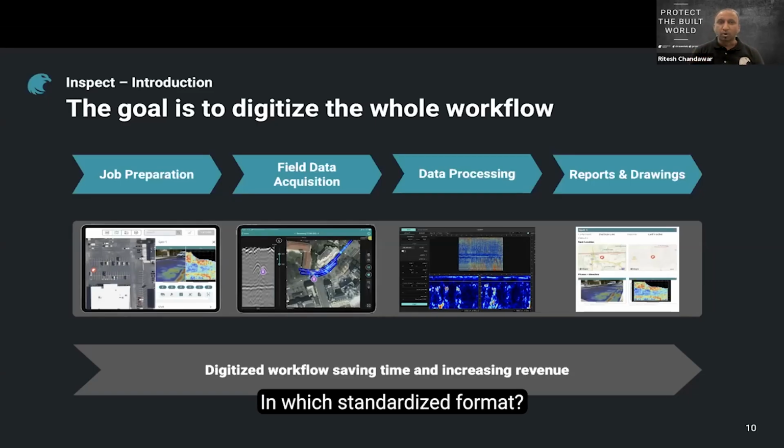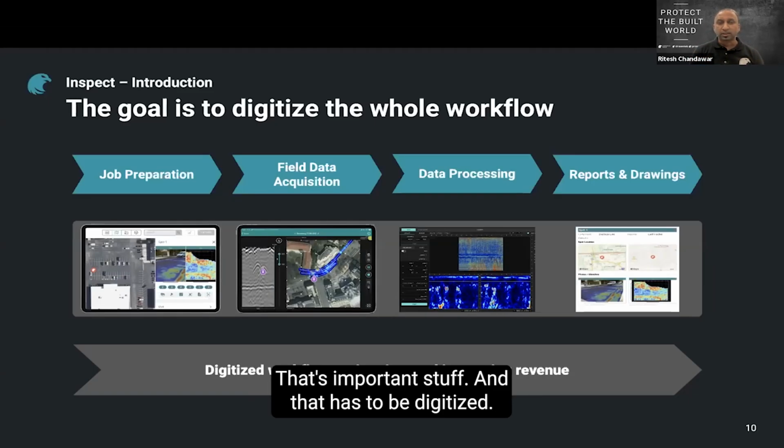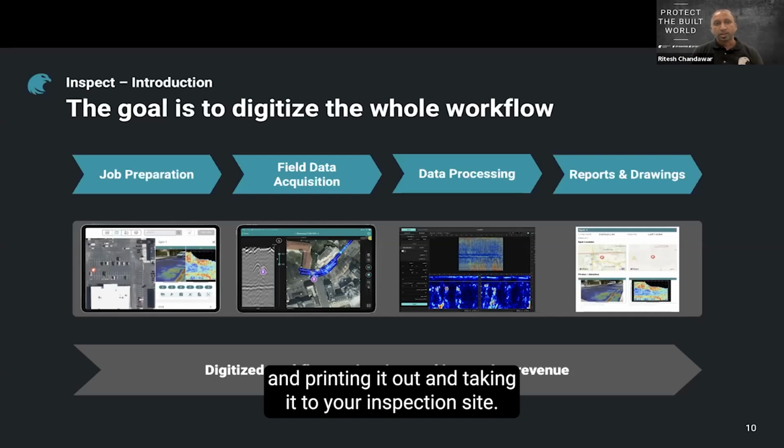In which standardized format. That's important stuff, and then that has to be digitized. You cannot keep creating these forms and printing them out and taking them to your inspection site.